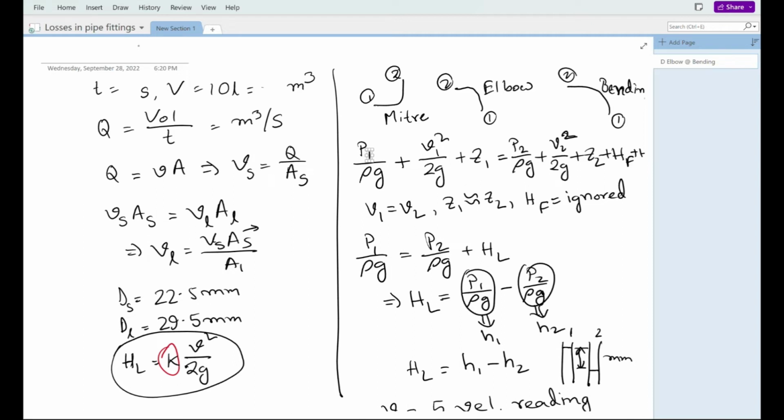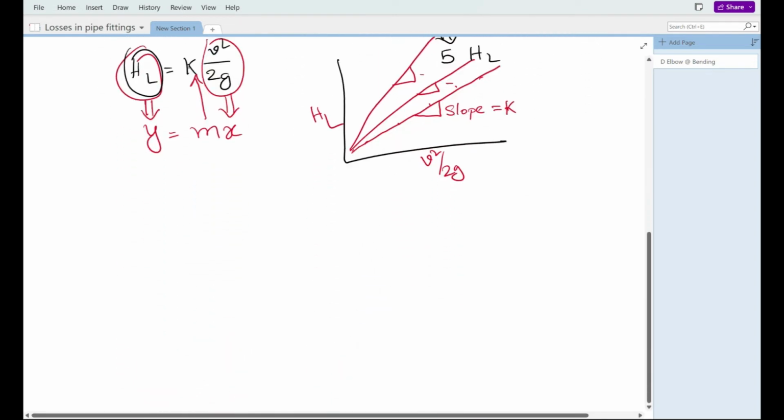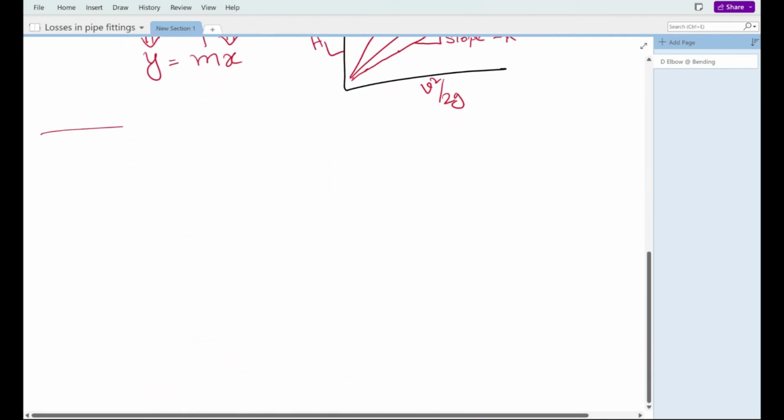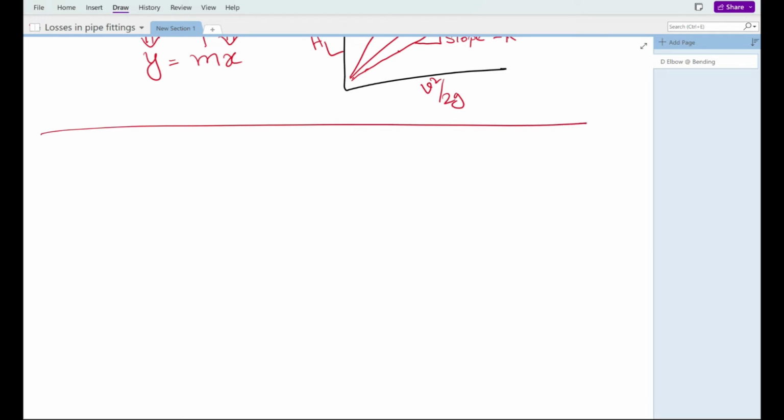So this is cancelled, and we can write HL equals PS divided by rho times gravity minus PL, plus Vs square by 2 times gravity minus VL square. This one is again H1 and this one is again H2, which you will get from the reading.